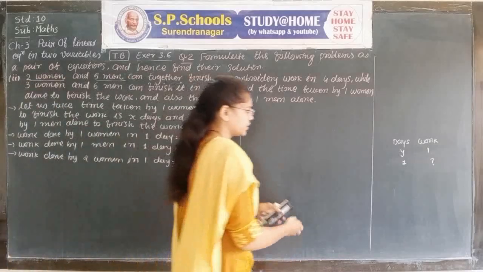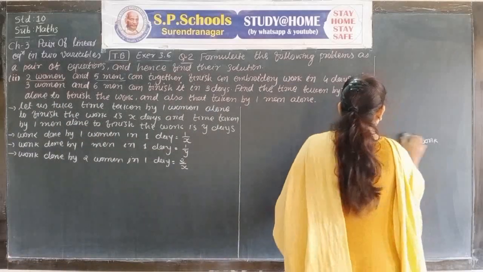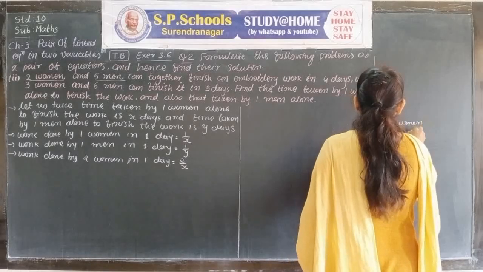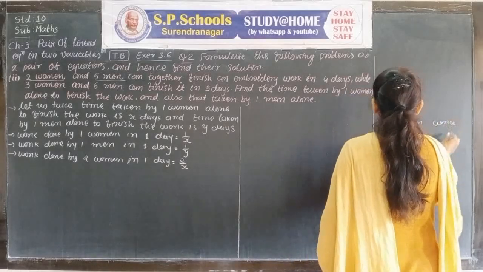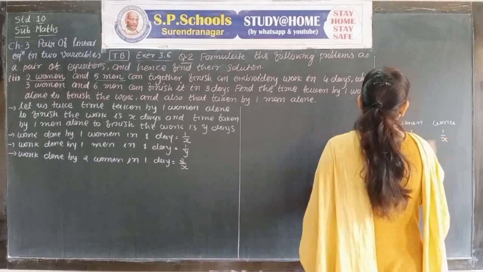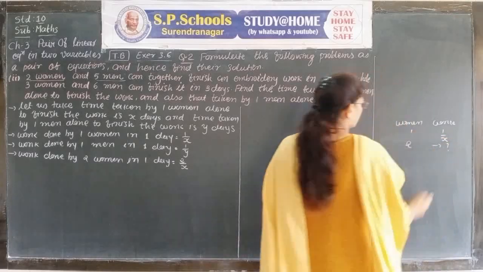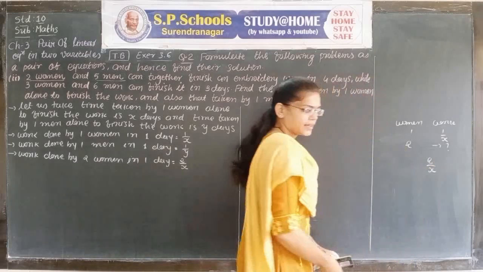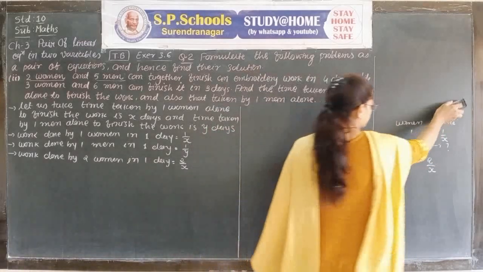How is it possible? If the woman is 1 and her work is 1 upon x, then the work done by 2 women is, 2 multiplied by 1 upon x, 2 upon x is the work.